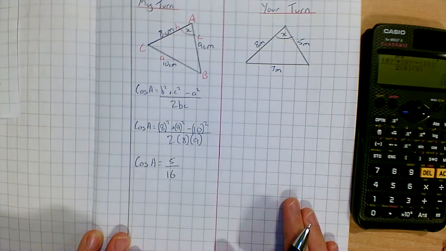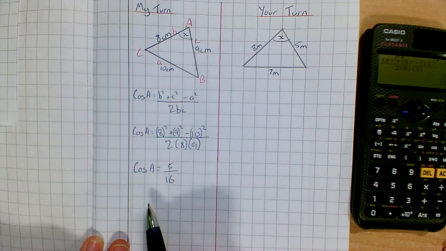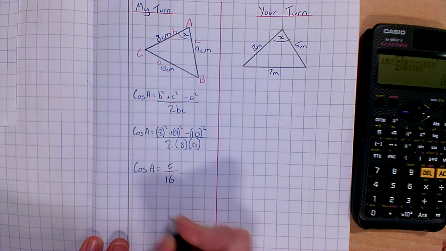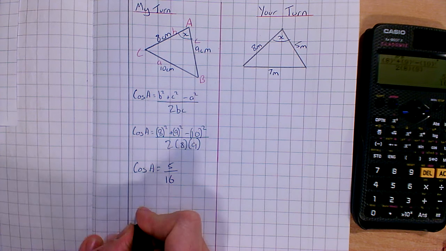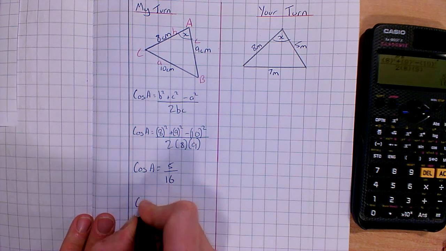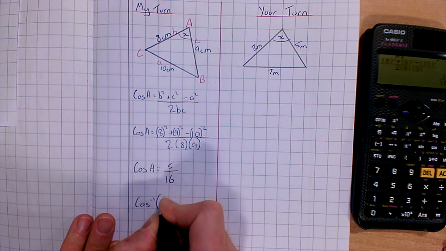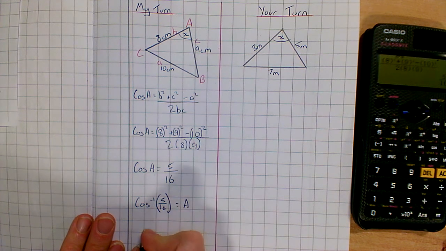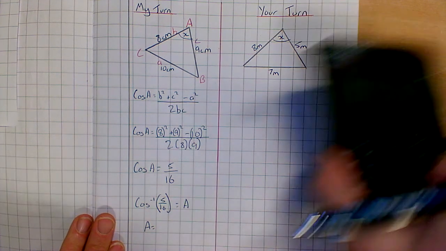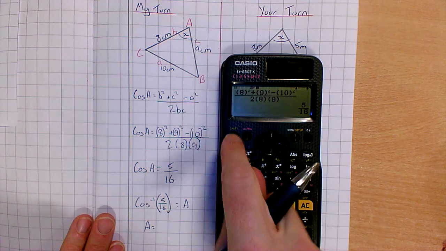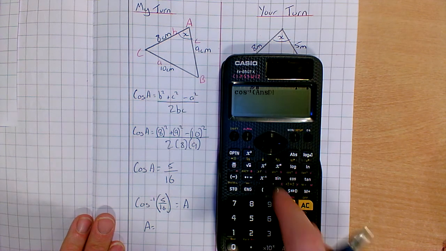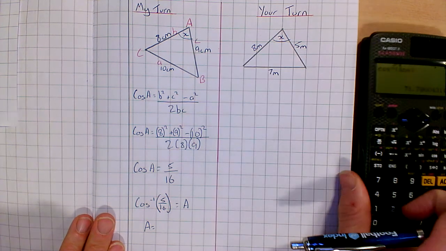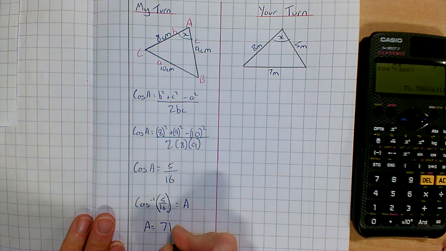And the last step then is, as with all the trigonometry that you know, if you have cos A or the function here like this, then I'll do the inverse, and that will give me the size of angle A. So the inverse cos of 5 over 16 will equal A. A equals, if I put that into my calculator, 71.79, which I'm going to round to 71.8.